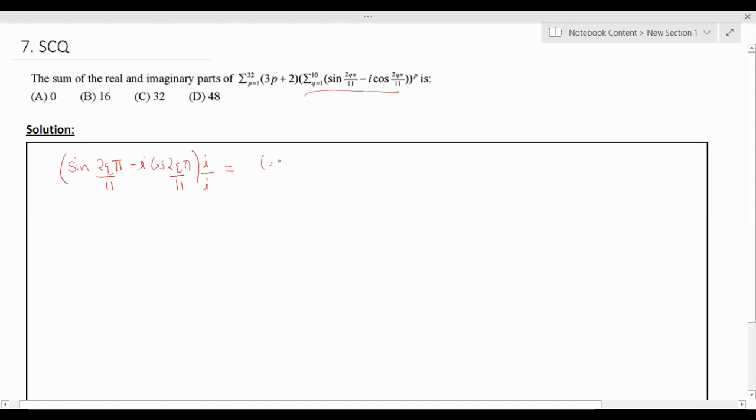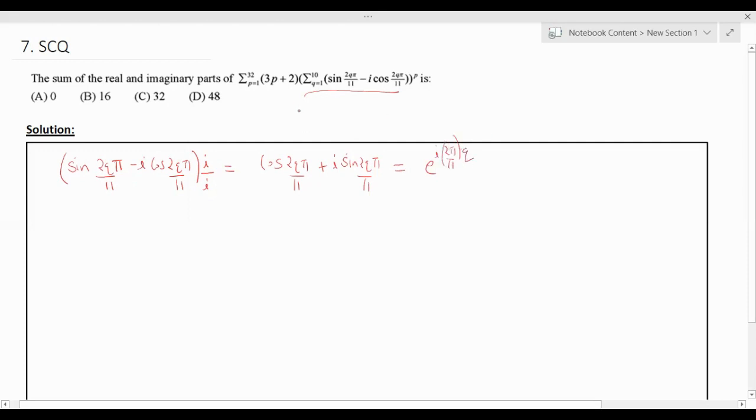So you will have cos of 2q pi by 11 plus i times sine of 2q pi by 11, and you very well know that this can be rewritten as e power i 2 pi by 11 multiplied by q.